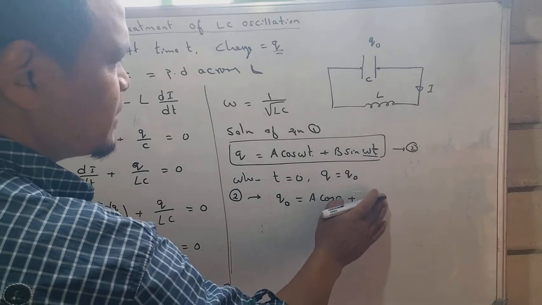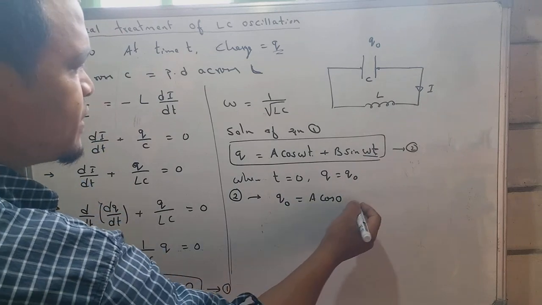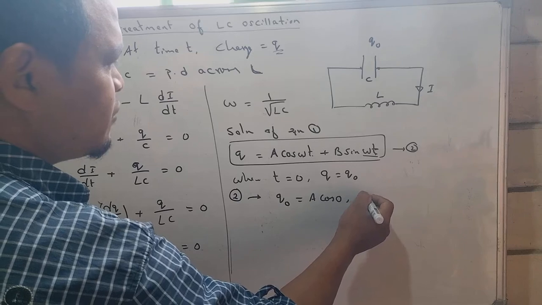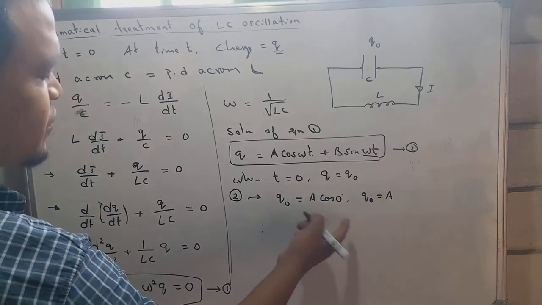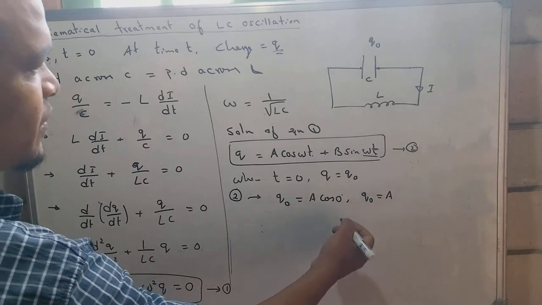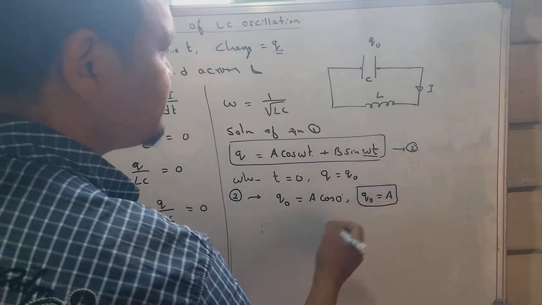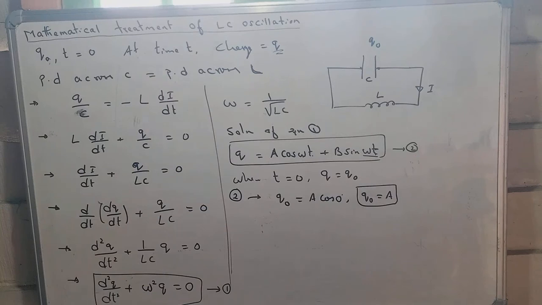So this term will disappear. Q naught is equal to A, because cos 0 is 1, so 1 times A is A. Now I have found A.